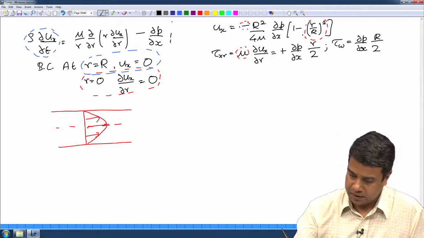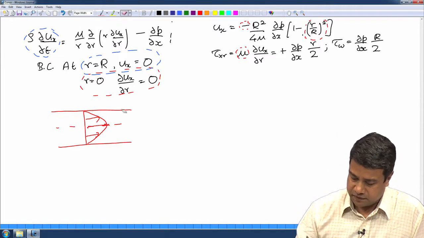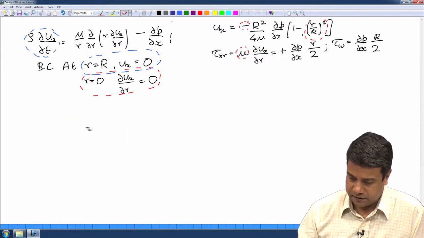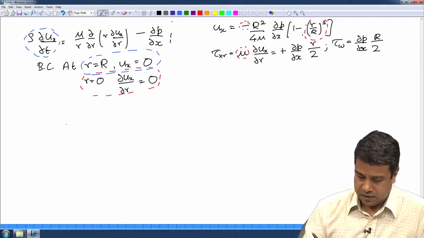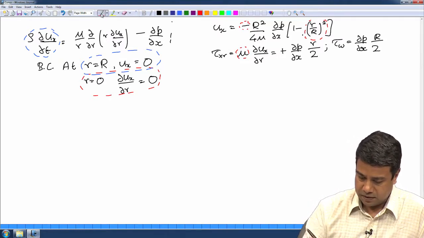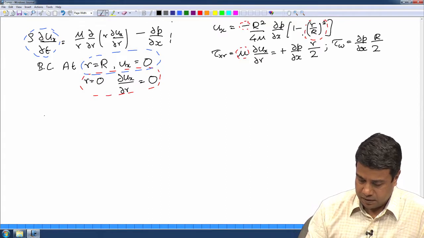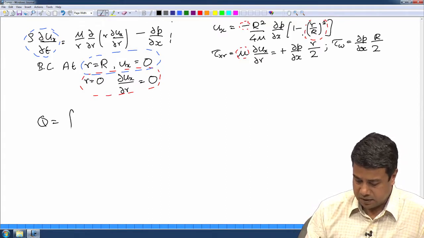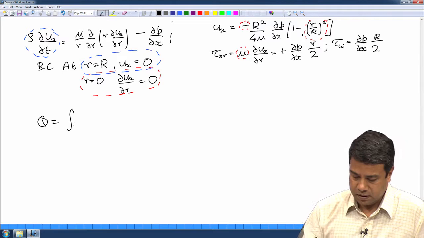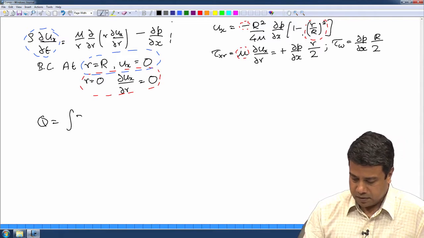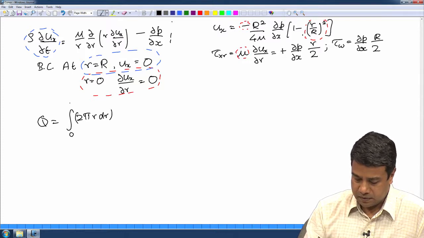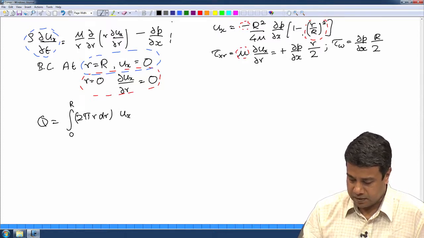One can now calculate the average velocity. The total flow rate, Q, is equal to the integral from 0 to R of 2 pi r dr times ux.